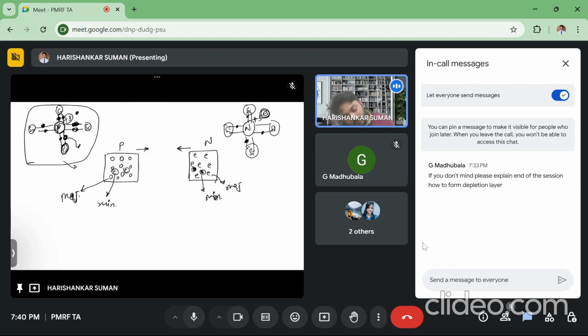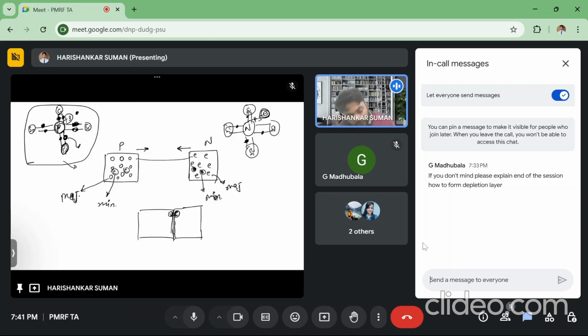So what will happen if they come in touch? Tell me first. Electrons from this side and holes from the other side can recombine.